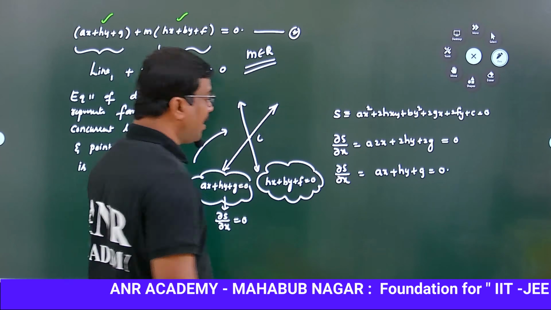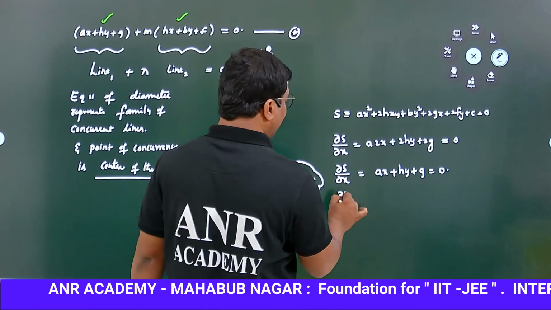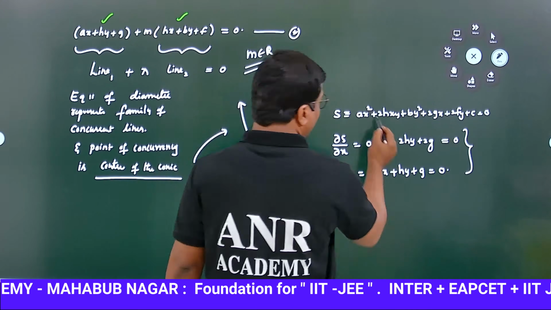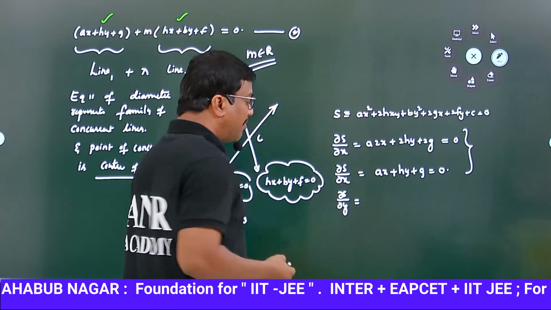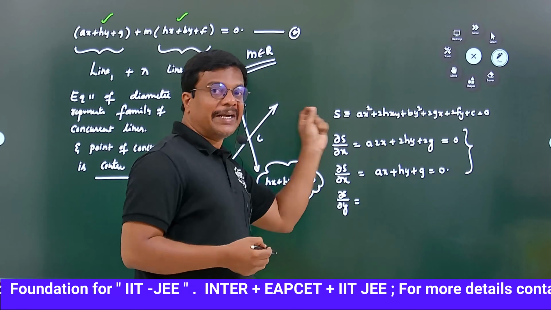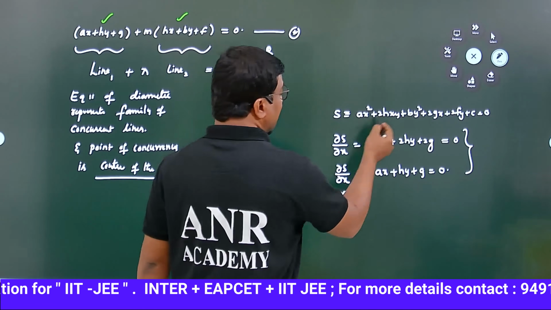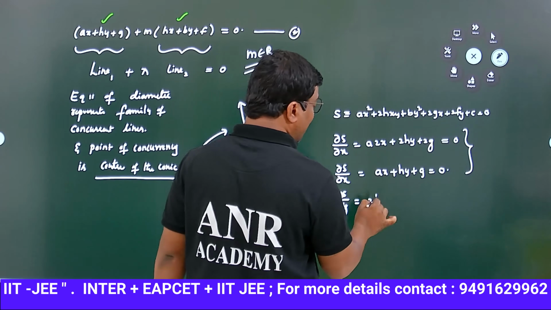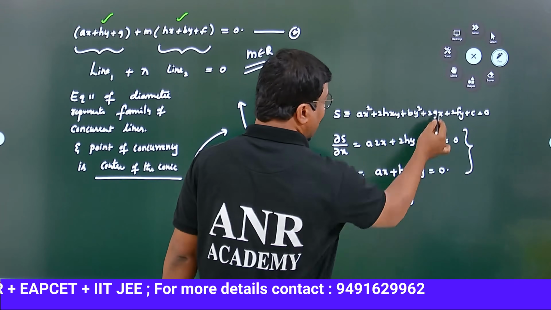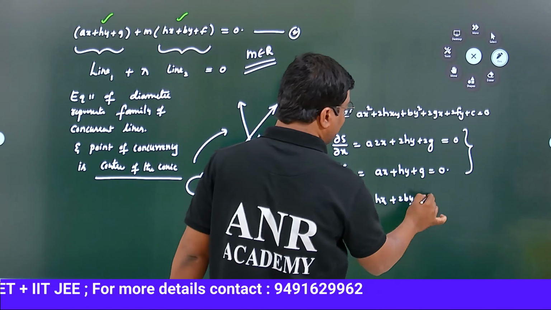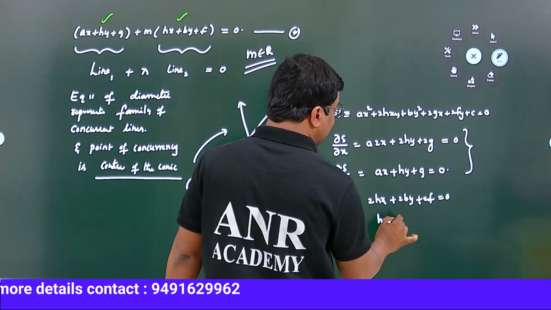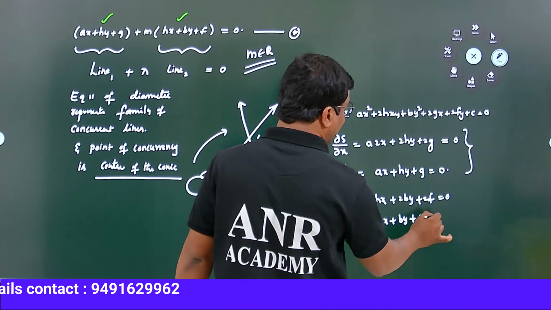So this one, ax plus hy plus g, can be written as dou s by dou x, remember. In the same way, if you apply partial differentiation with respect to y, what happens, observe here, ax square, while partially differentiating with respect to y, x we have to treat as constant, so ax square derivative 0 and 2hxy derivative becomes 2hx, and by square its derivative 2by, 2gx, c constants, 2fy derivative 2f, that is equal to 0, and neglecting 2 we get hx plus by plus f equal to 0.